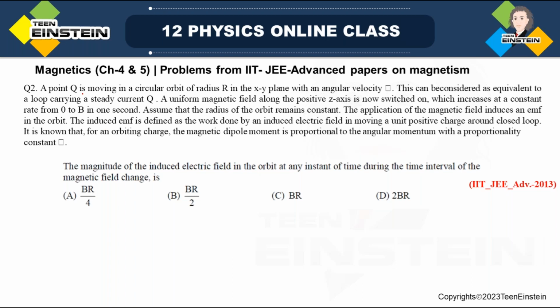A point charge Q is moving in a circular orbit. Say this is a circular orbit of radius r.